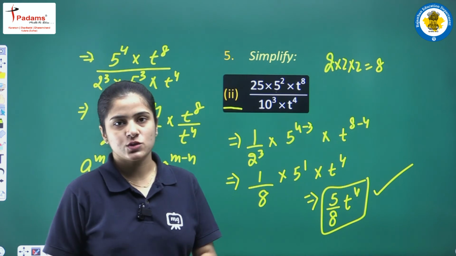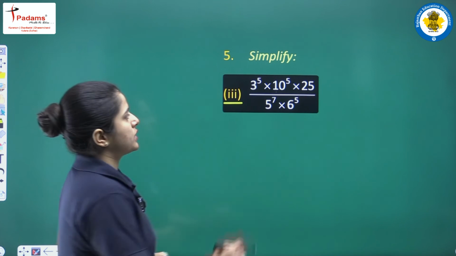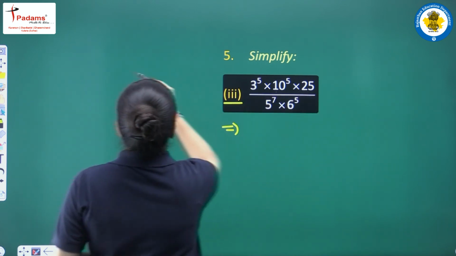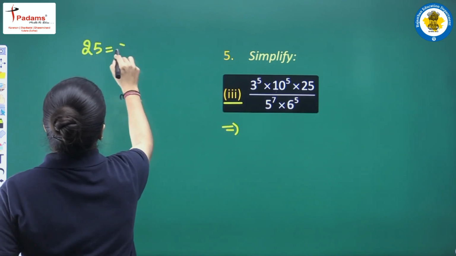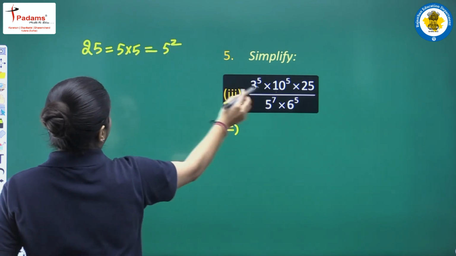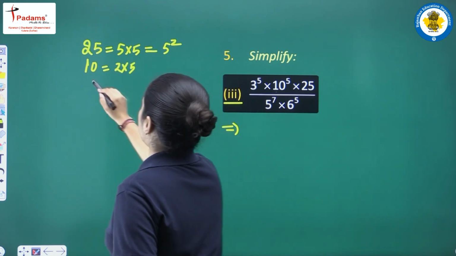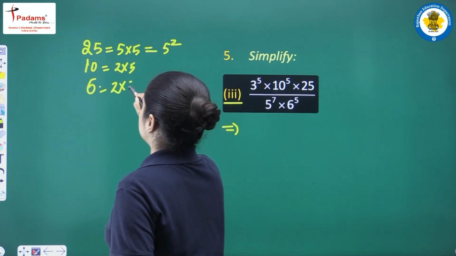Looking at the part 3 students, अब third part का answer क्या होगा? Now students, firstly हम यहाँ पे 25 को लिख सकते हैं 5 into 5. That is 5 square. Right? यहाँ पे हम 10 को लिख सकते हैं 2 into 5, राइट? यहाँ पे हम 6 को लिख सकते हैं 2 into 3.